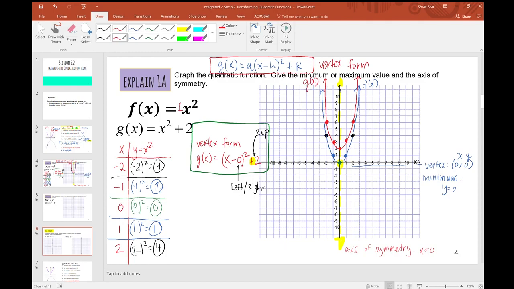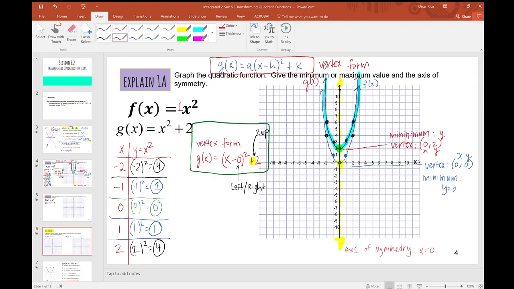Now let's identify the key parts of g of x. And I'll go ahead and highlight g of x in teal. The vertex is at 0, 2. X is 0, y is 2. G of x opens up, which means that we are going to have a minimum. It's a minimum because our vertex is the lowest point.